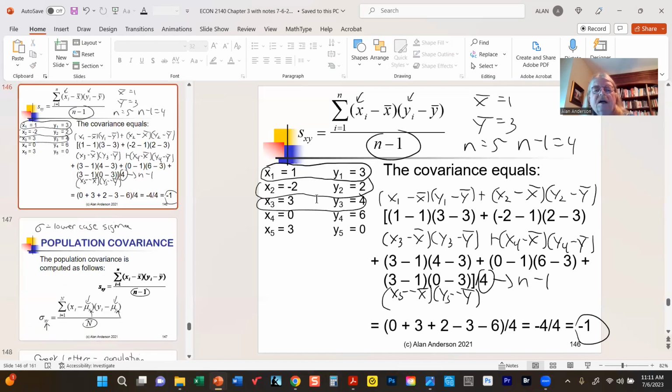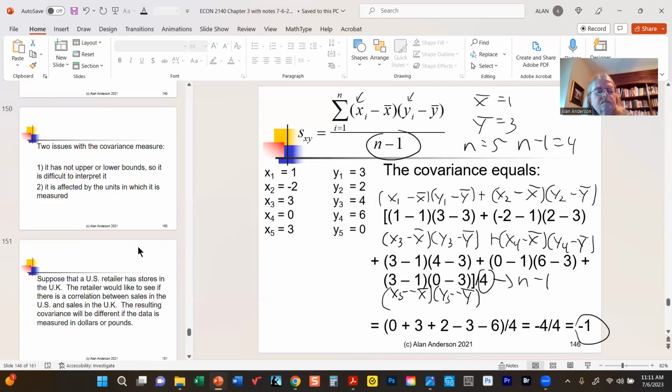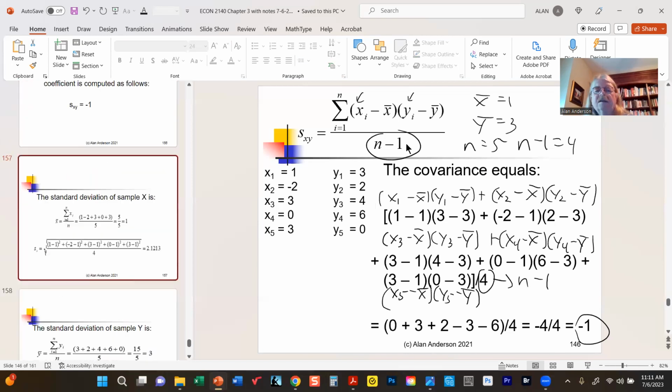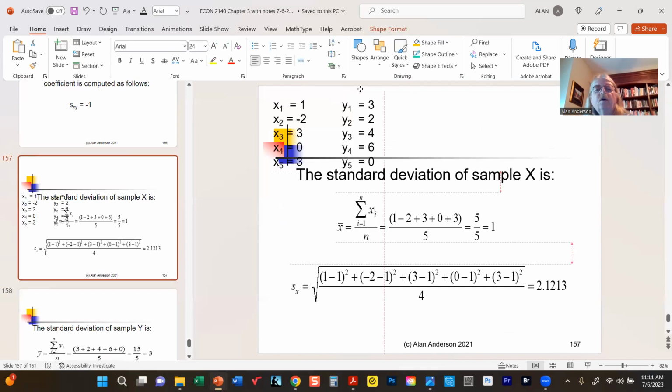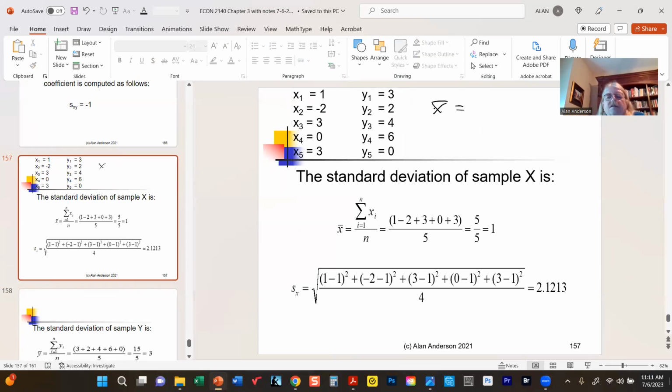Let me just copy this again, just so you can see it all together in one place. Here we go. Also, a quick reminder that X bar is 1 and Y bar is 3. Here it is, a reminder right there.